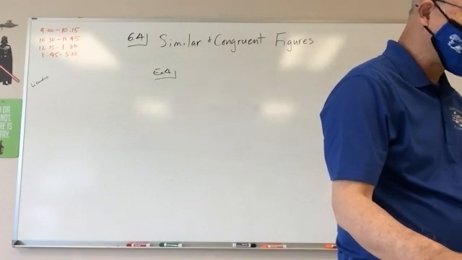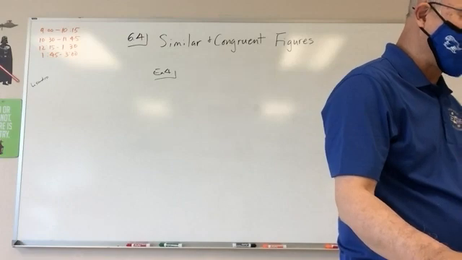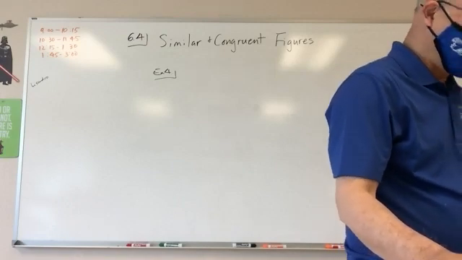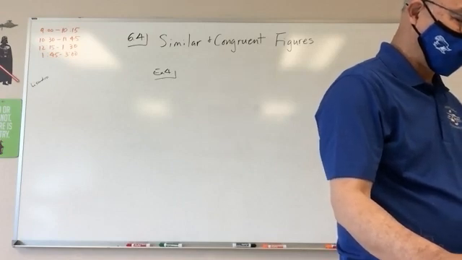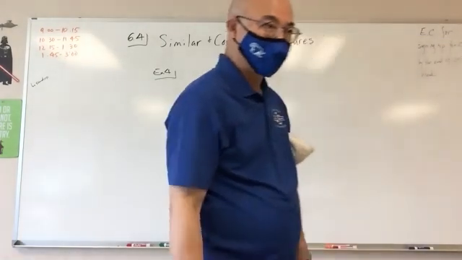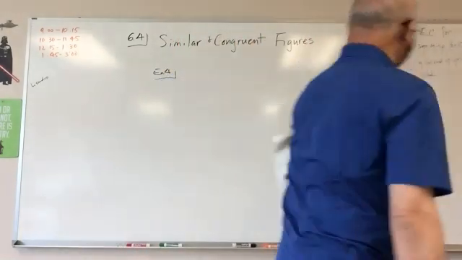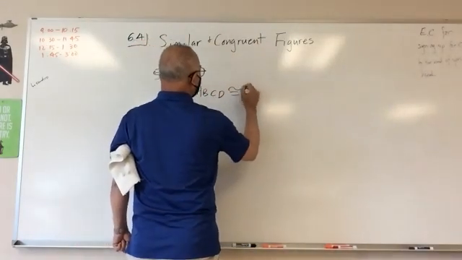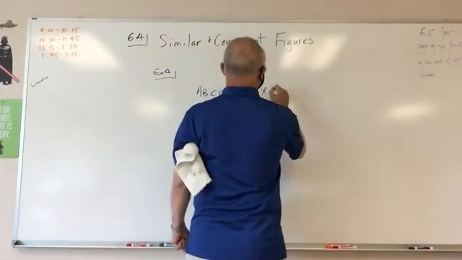Look at the congruence statement. If you look at the congruence statement, WZ is the same as which one? Look at the statement. The statement says ABCD is congruent to WXYZ.